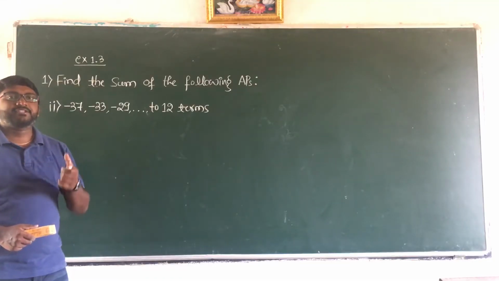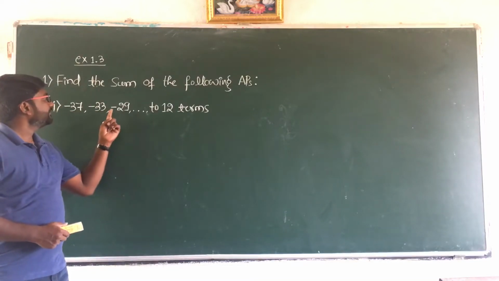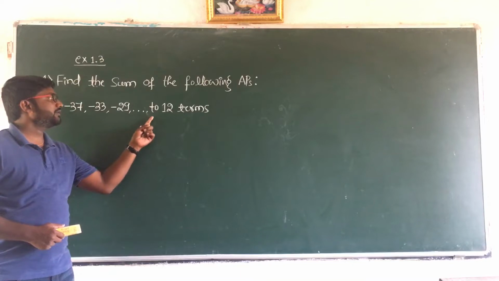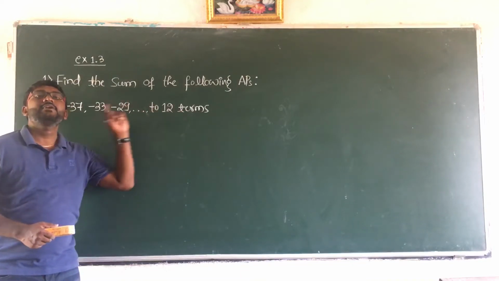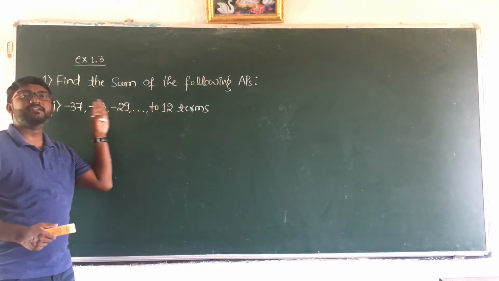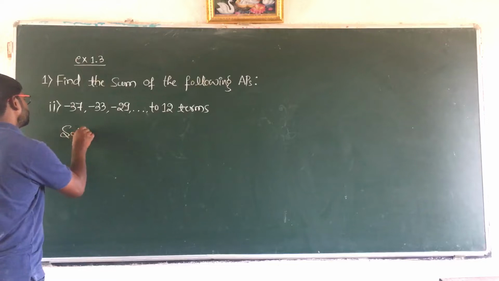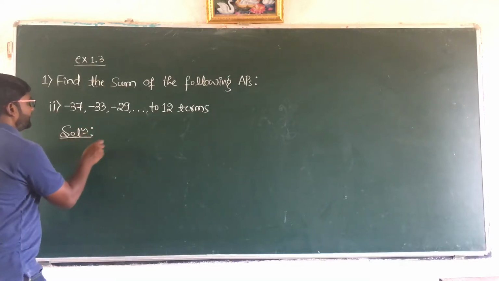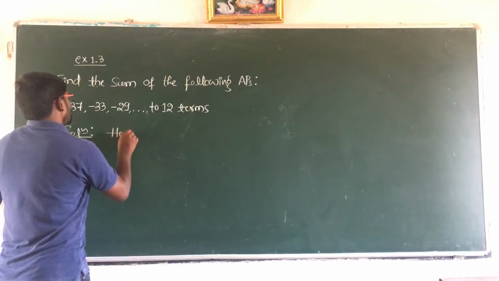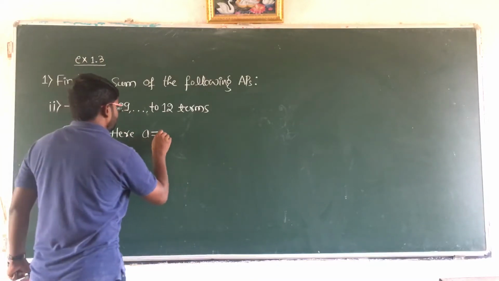The next question is minus 37, minus 33, minus 29, and so on, to 12 terms. So we have to find the sum of the first 12 terms of this arithmetic progression. Here a is equal to minus 37, the first term.